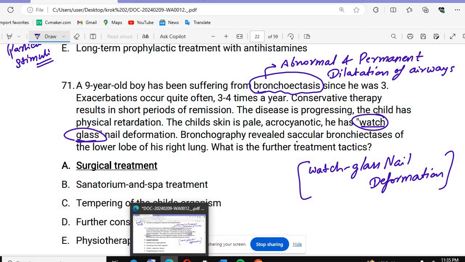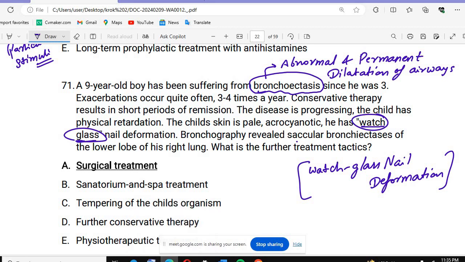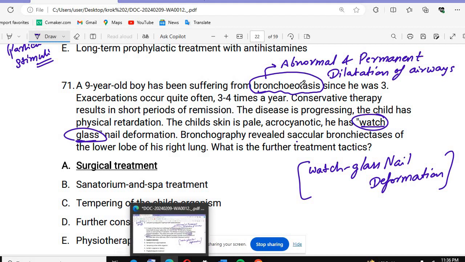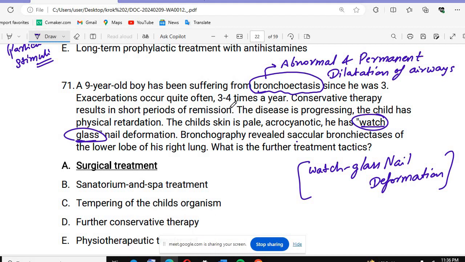Then we can have primary ciliary dyskinesia. All these things we already discussed, and post-infections as well. So bronchiectasis is associated with cystic fibrosis, and along with that we also studied that it is associated with primary ciliary dyskinesia.